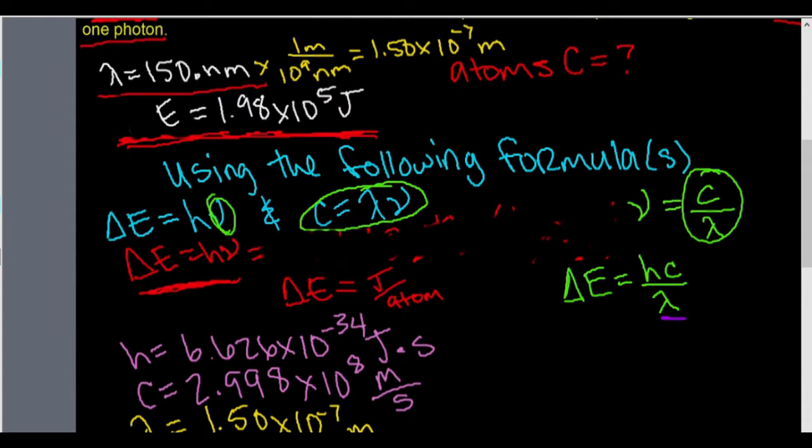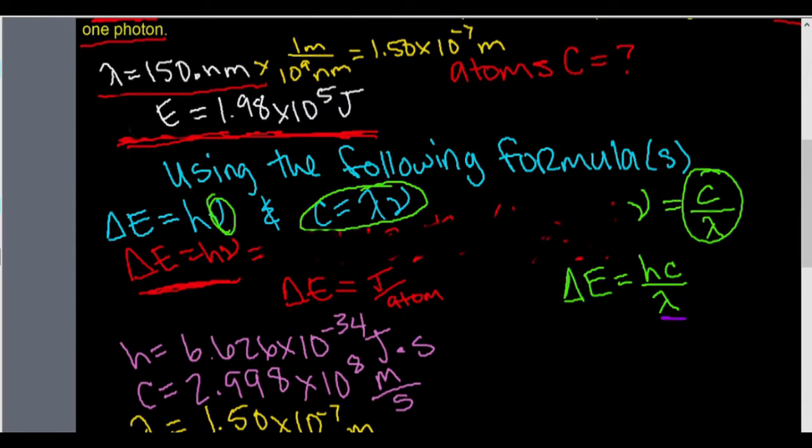So we took delta E equals h nu, that's just the change in energy, which can also be written as E equals h nu, the energy. And for the nu, bad habit of calling it v, we used the speed of light equals lambda times nu, solve for nu.